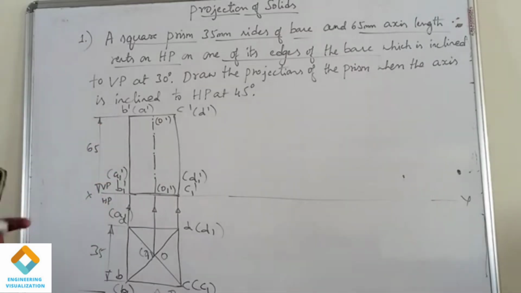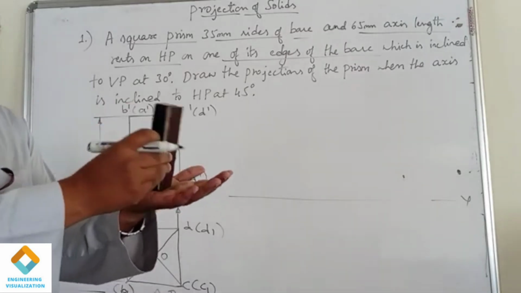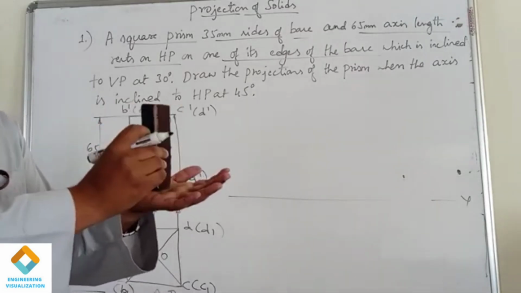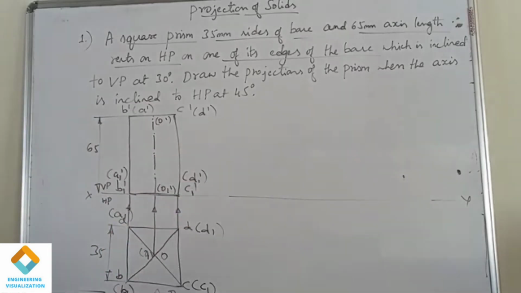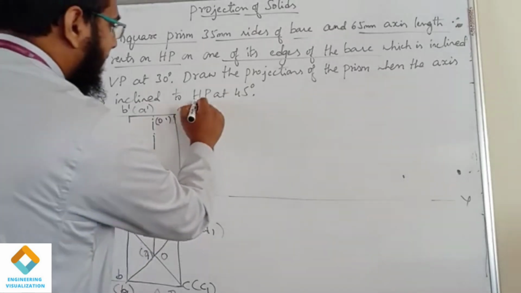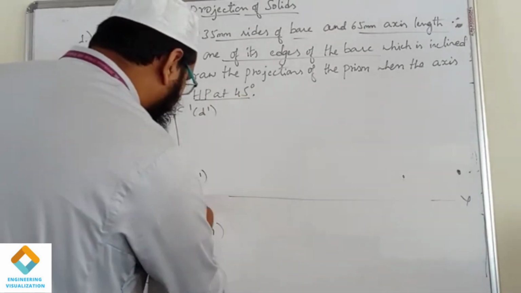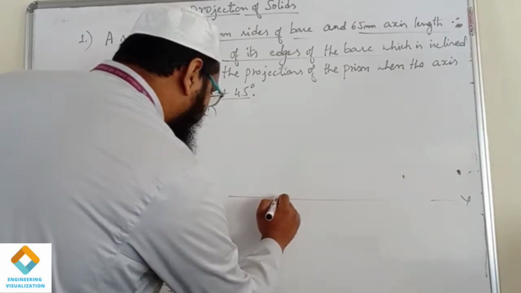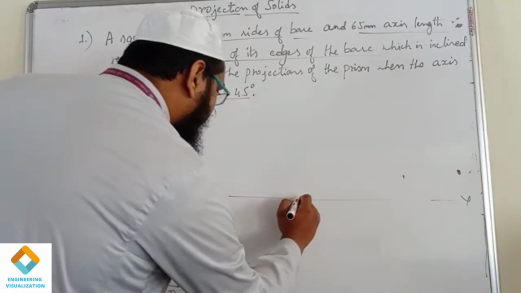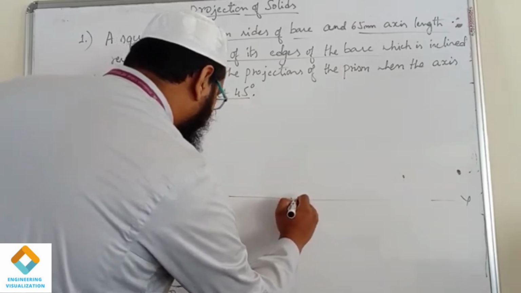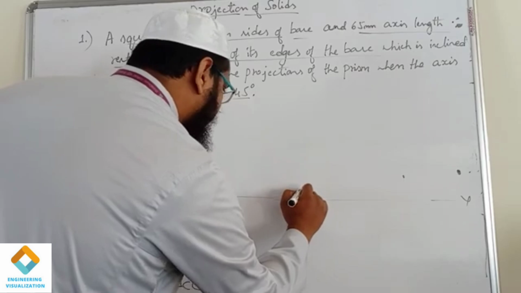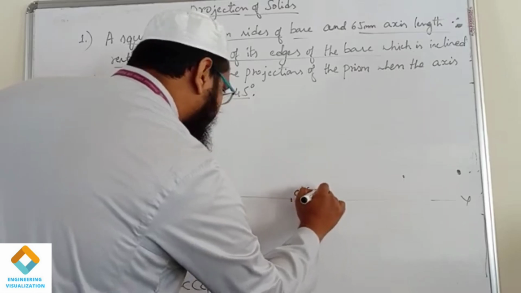For the second position, we have to give the angle of inclination to the right side. The second angle of inclination to the HP is mentioned as 45 degrees. So what is the procedure? First we take the reference point C1 dash, D1 dash.